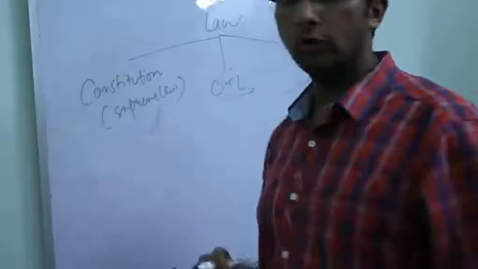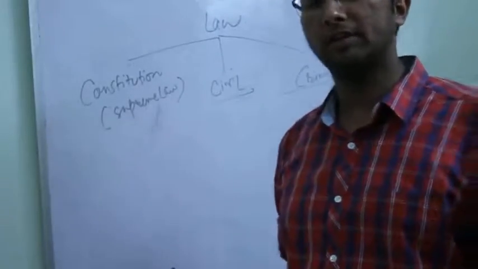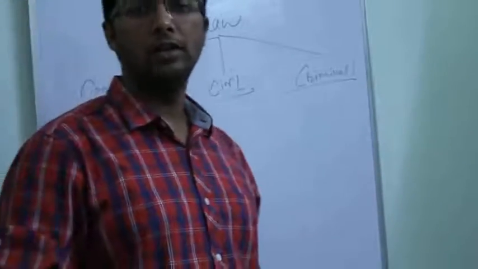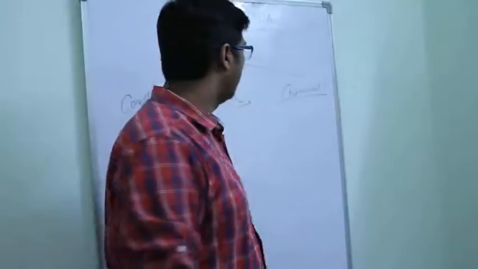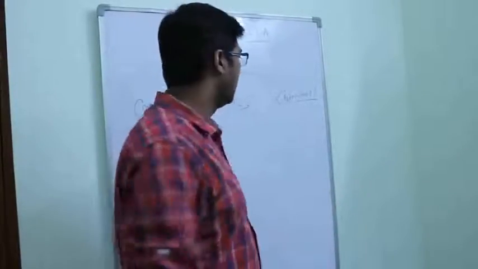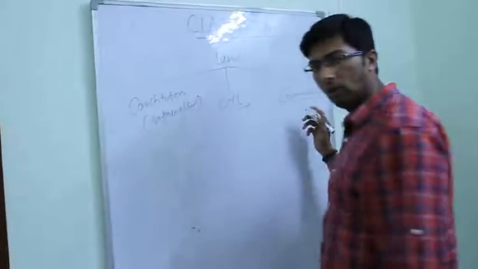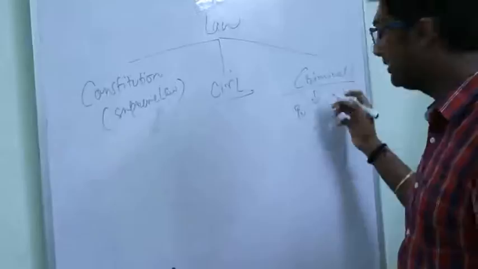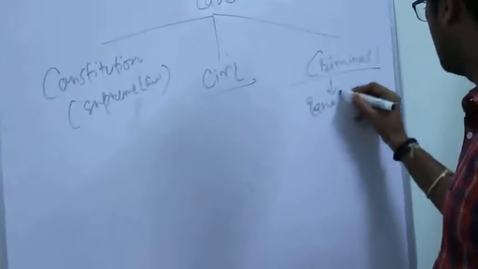Civil laws are those laws which determine your rights and liabilities, and which do not prescribe any penal punishment. The basic difference between civil and criminal law is this: whereas in criminal law there is a punishment, there is a penal punishment.